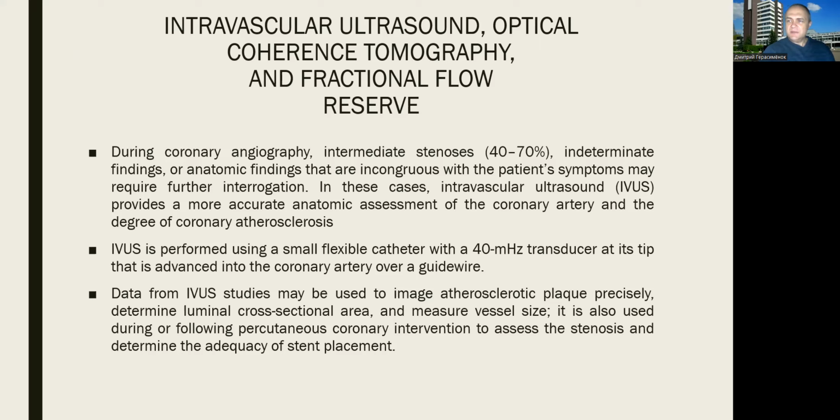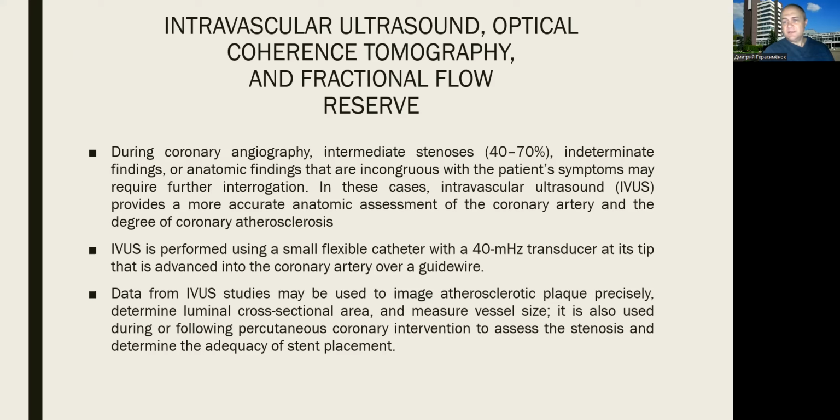In these cases, intravascular ultrasound provides a more accurate anatomic assessment of the coronary artery and the degree of coronary atherosclerosis. IVUS is performed using a small flexible catheter with a 40 MHz transducer at its tip that is advanced into the coronary artery over a guide wire.